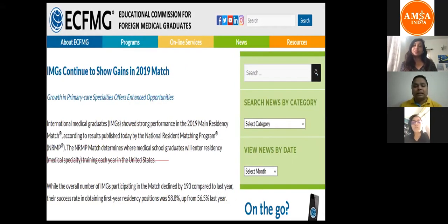Now what happened in 19? The same statistics now say that the success rate in obtaining first year residency positions was 58.8%, up from 56.5% last year, right? So again in 2019 it increased equally. So from 14 to 19, the last 5 to 6 years, it has been increasing, and not a single year that it has dipped, which is the best sign.